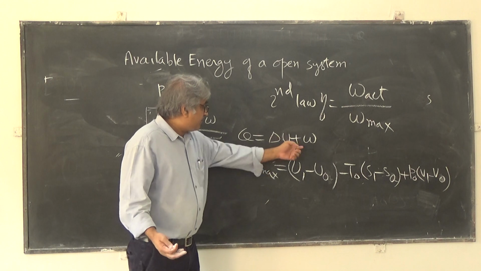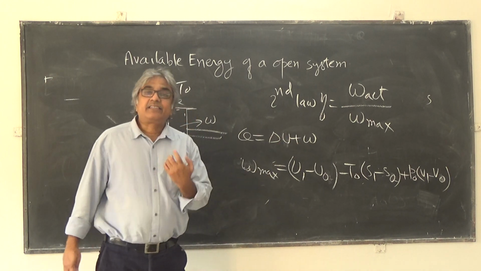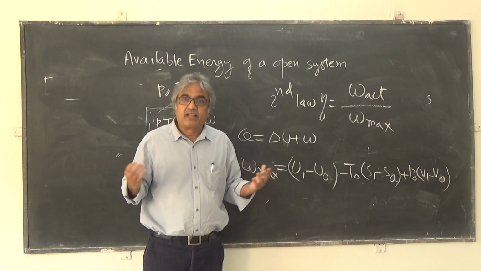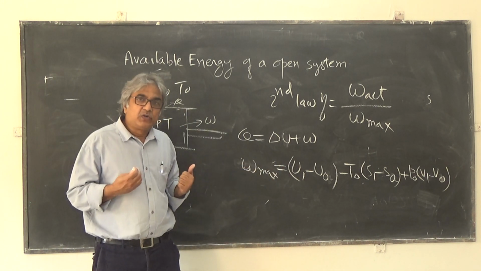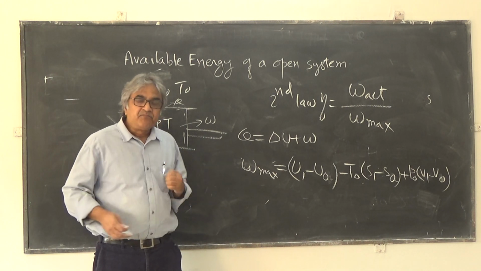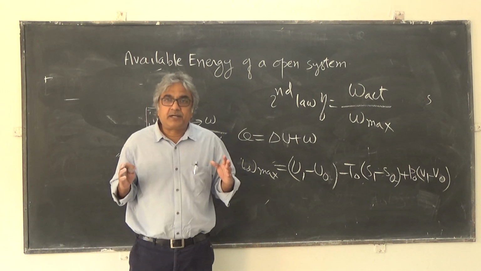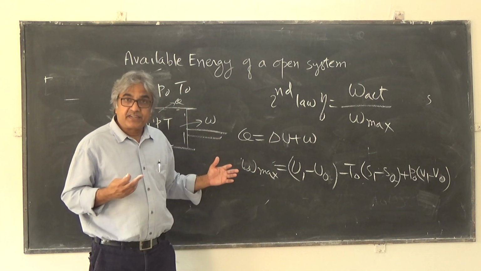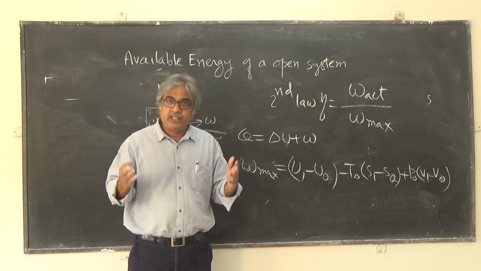So actual work upon maximum work is second law efficiency. So this is what second law efficiency is. It's very simple. I'll also make some videos where I'll solve some numericals that would make things very clear. And I'll also discuss the applications of second law efficiency, but that I will do in the next lecture.